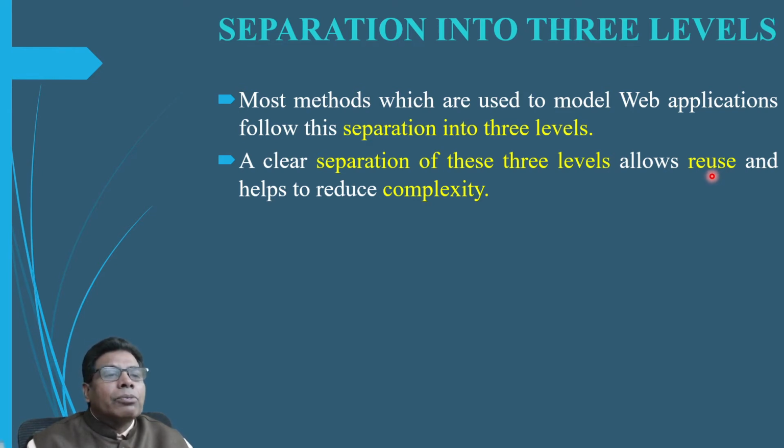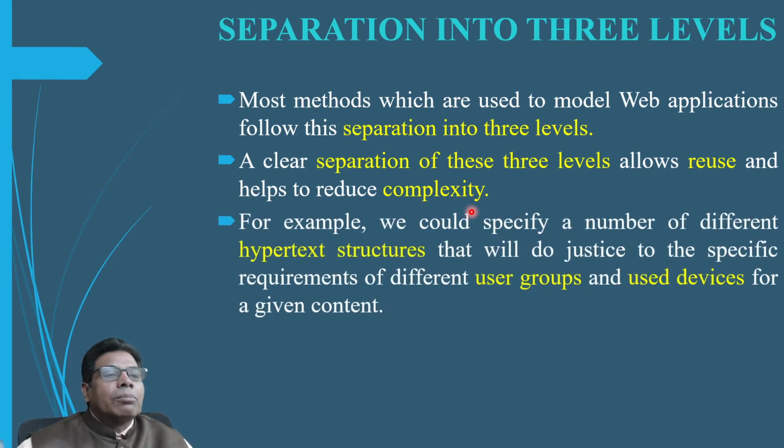That means once we develop the software, part of the software, that can be reused, and it will reduce the complexity. Then, for example, we could specify a number of different hypertext structures that will do justice to the specific requirements of different user groups and use devices for the given content.